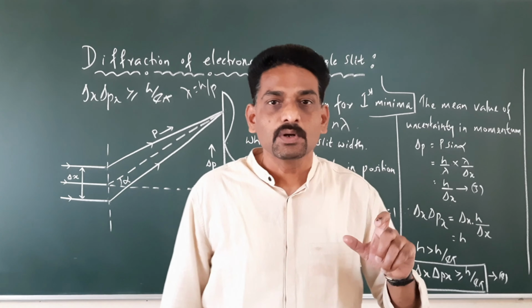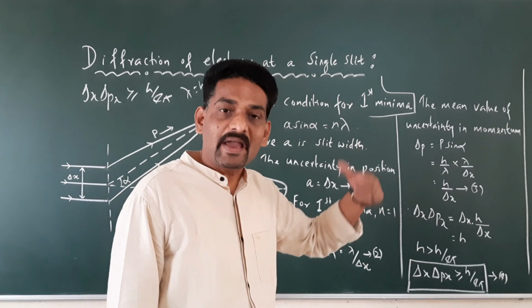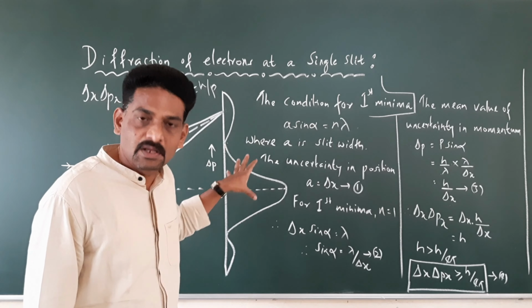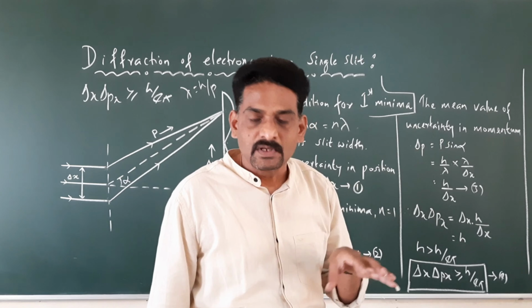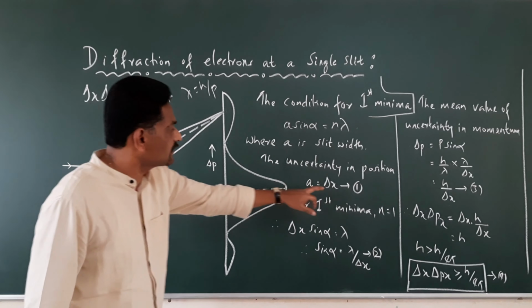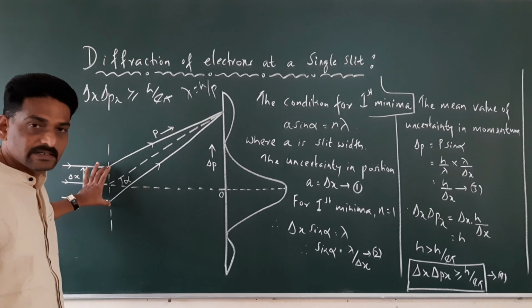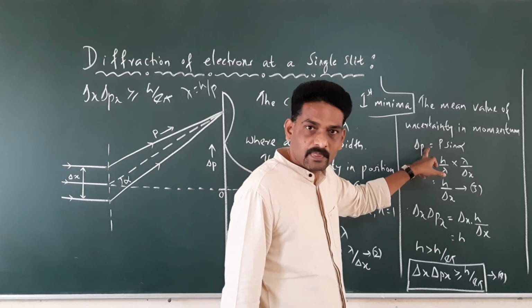So we obtained the Heisenberg's uncertainty equation by using this thought experiment, known as diffraction of electrons at a single slit. Using this experiment, we calculated the value of delta x, taken as the slit width, and we calculated the value of delta p.